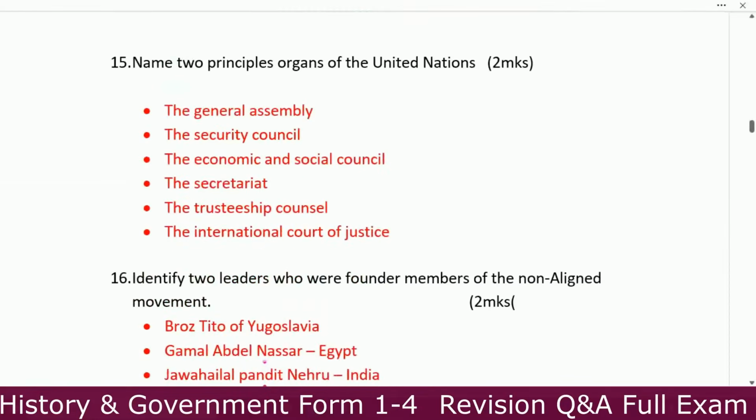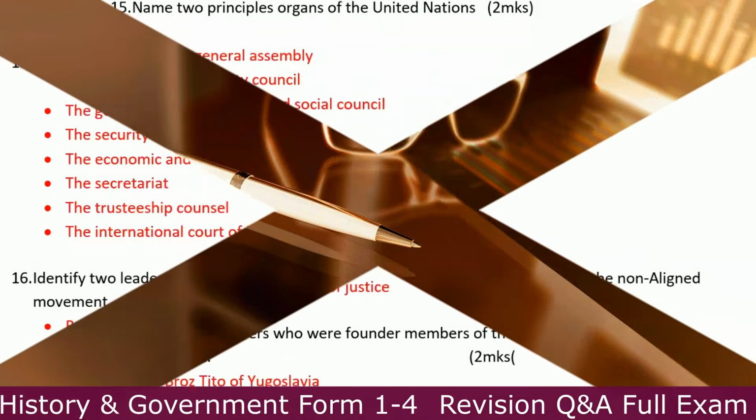Number 15, name 2 principal organs of the United Nations. The General Assembly, the Security Council, the Economic and Social Council, the Secretariat, the Trusteeship Council, the International Court of Justice.